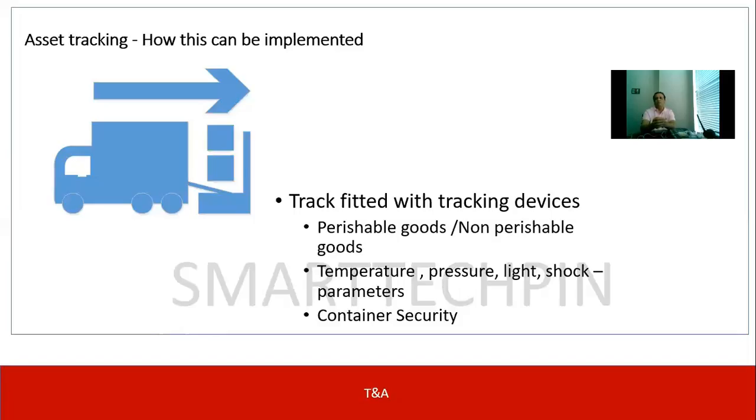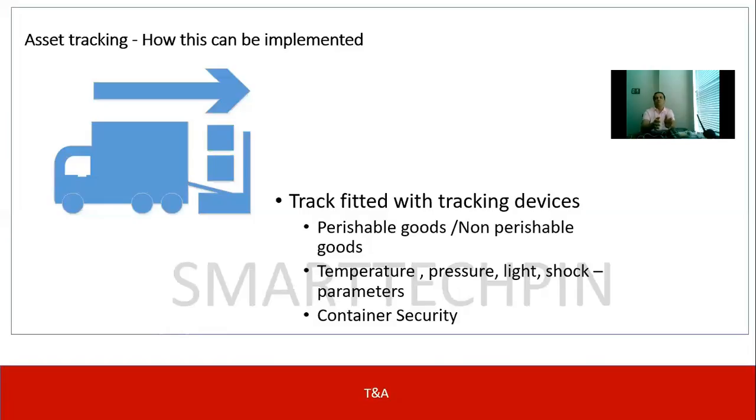Whatever sensor you think of can be installed inside the container, and all this data from these sensors can be pushed to the gateway, which will be kept inside the container, and that gateway will have a radio module, and from that gateway again, this can be pushed to the backend system for data visualization.